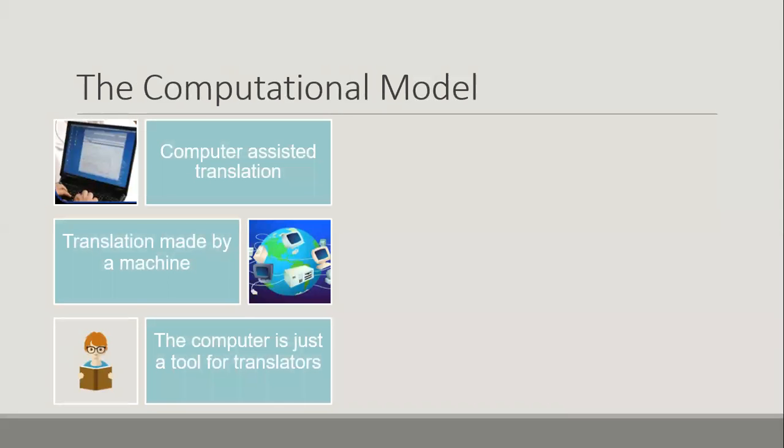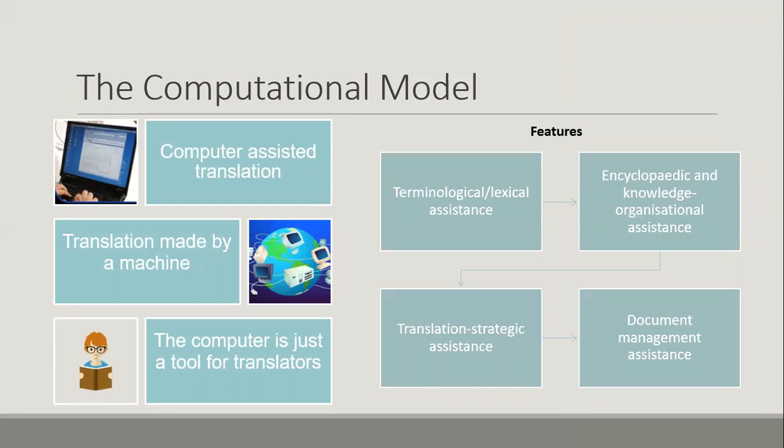The computational model is nowadays the most commonly used, since we find our students mainly use the translator or translating tools we can find online. This is, of course, computer-assisted translation. It's made by a machine.